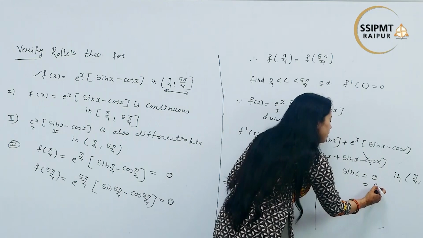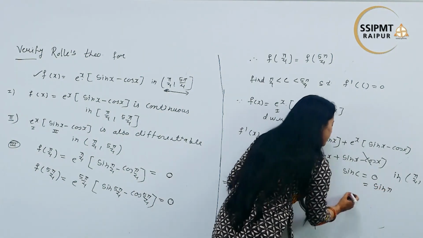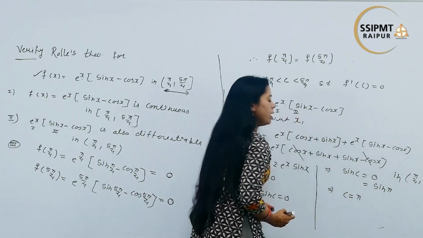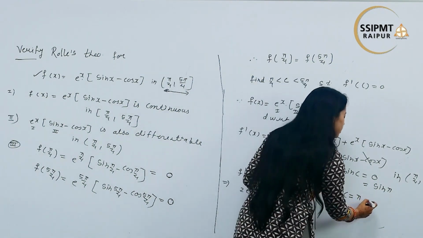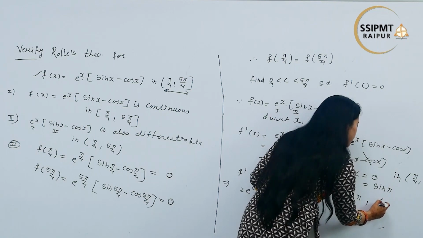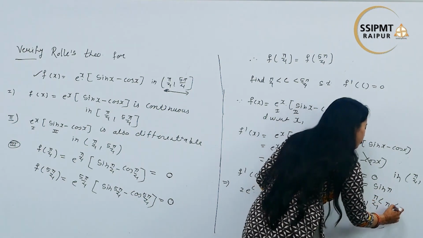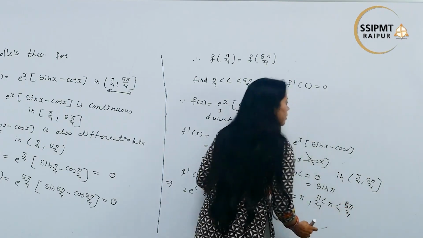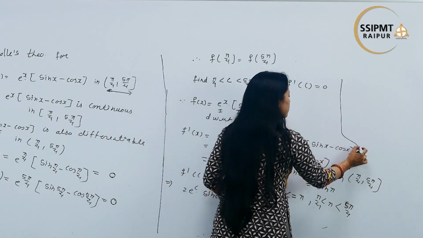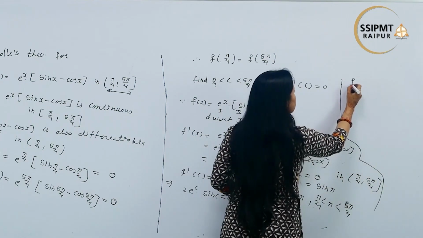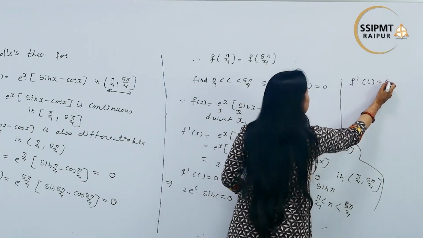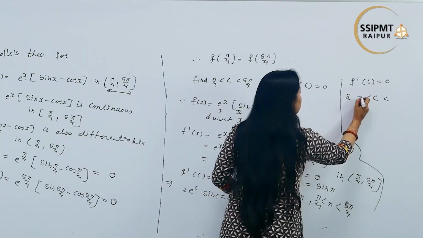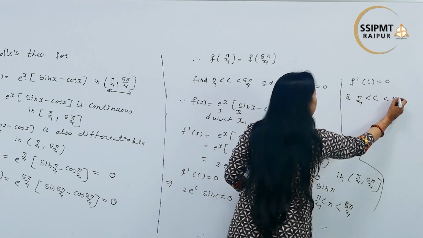So it can be compared with sin pi, hence the value of c will be pi. And we can see that pi is between pi/4 and 5pi/4. Therefore, we have shown that f'(c) is equal to 0 and c is between pi/4 and 5pi/4.